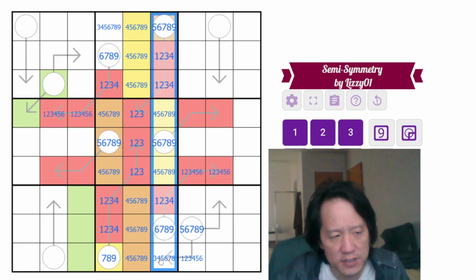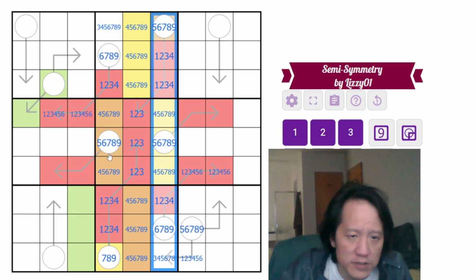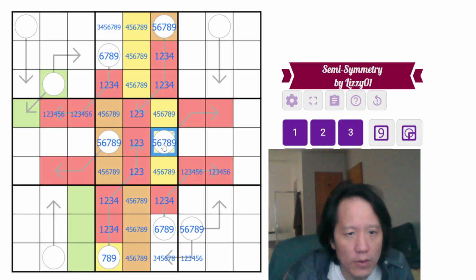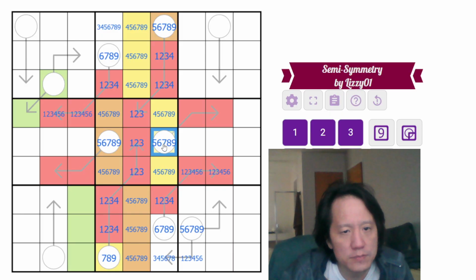It would have to be 6, 7, and 8. So if the 9 is not in one of the center circles, then the 9 has to be in one of the corners.